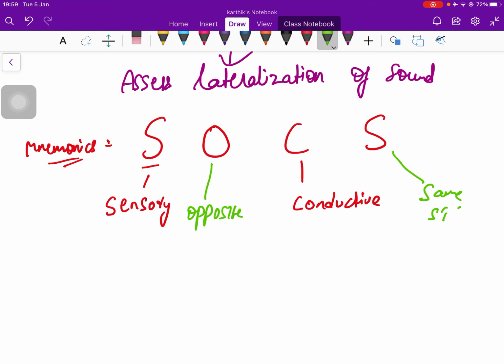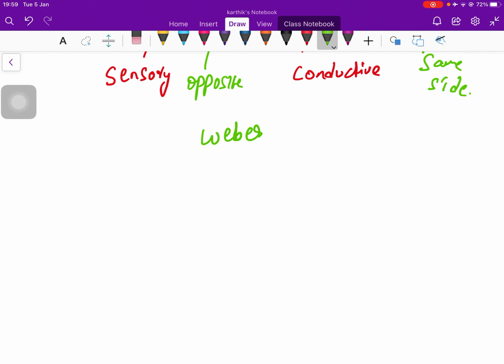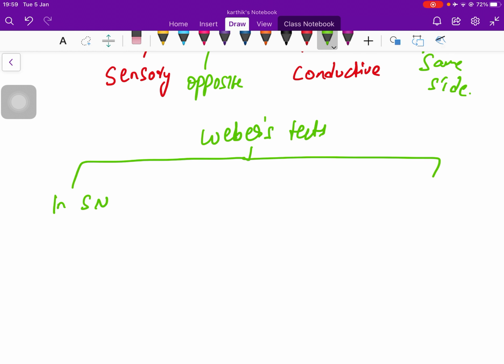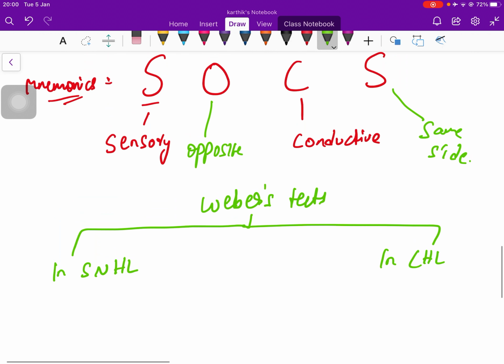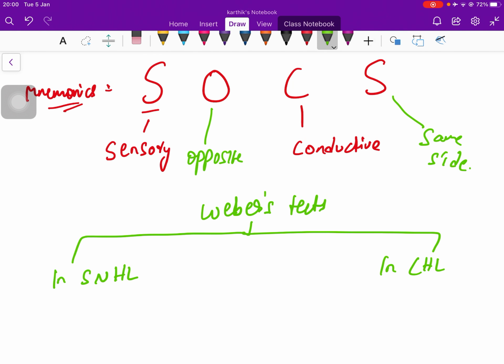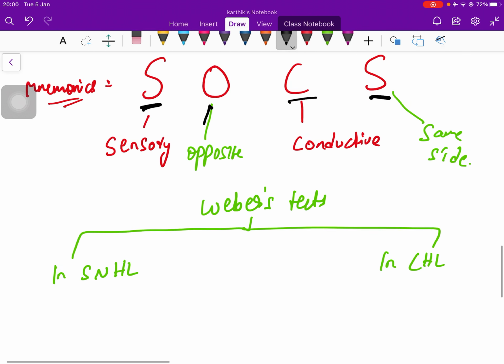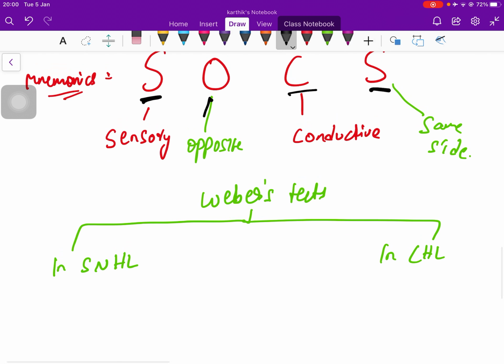Okay, it means when you do Weber's test, we know that Weber's is done to differentiate between sensory neural hearing loss and conductive hearing loss. Now the mnemonic is SOCS. Sensory is opposite and conductive is on the same side.